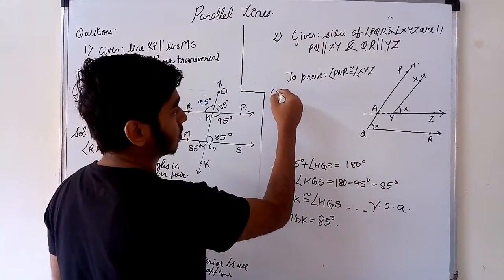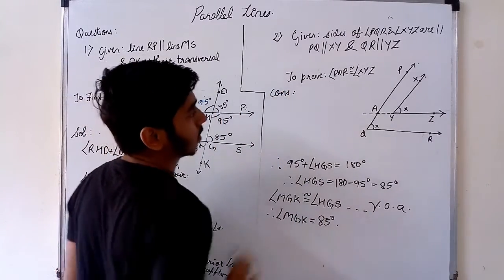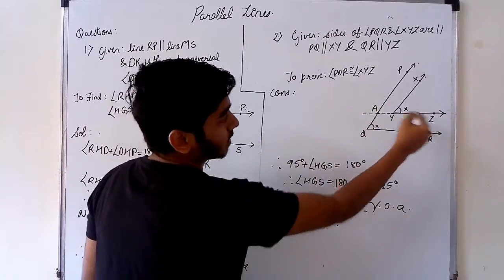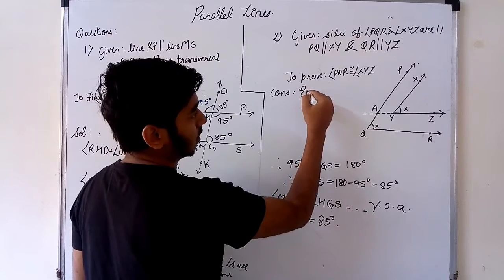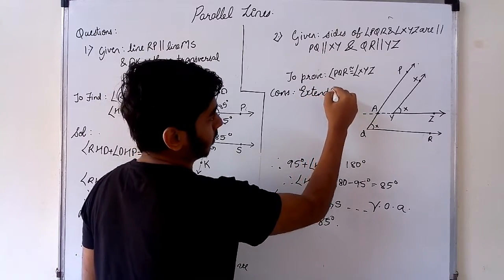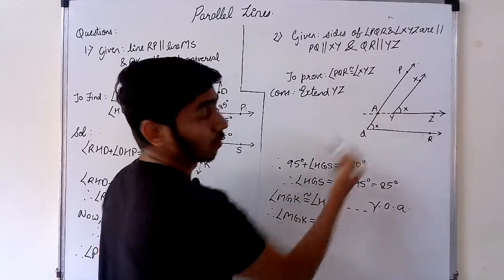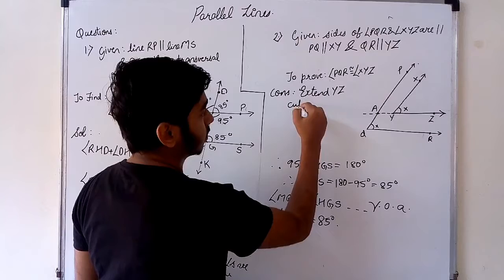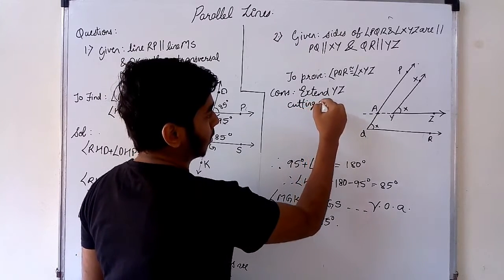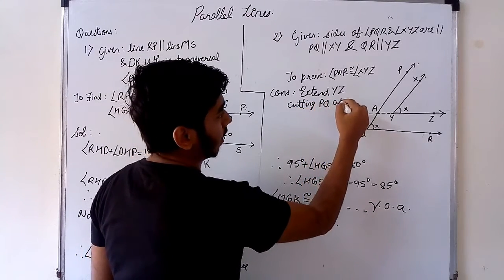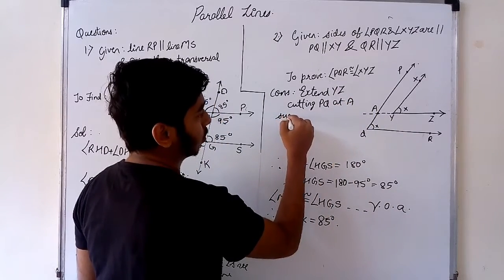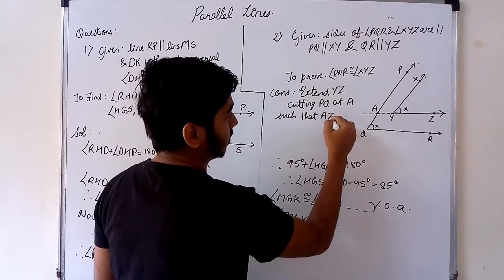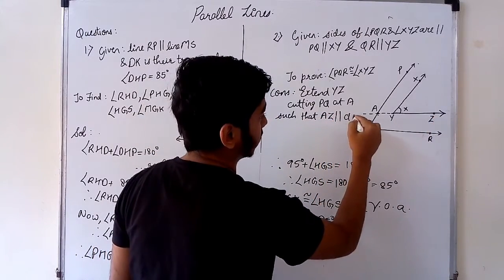So let's write it first. Construction says that extend YZ cutting PQ at A, such that AZ is parallel to QR.